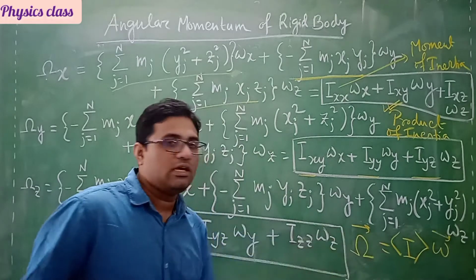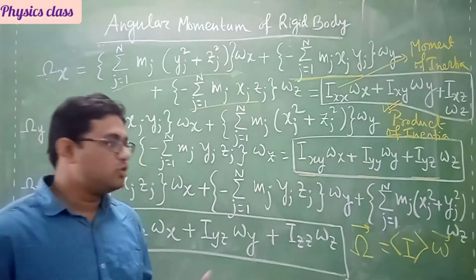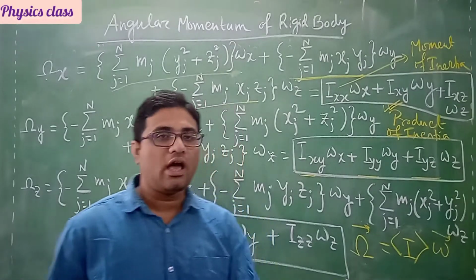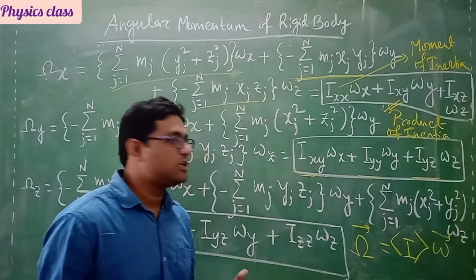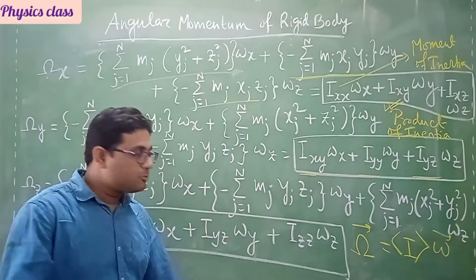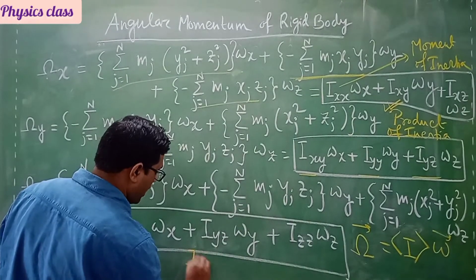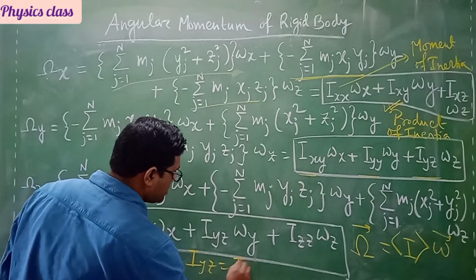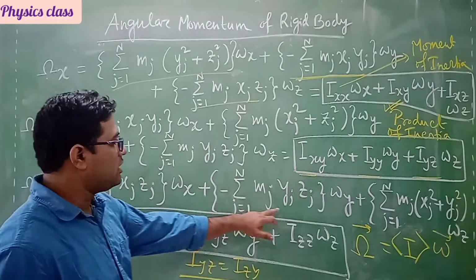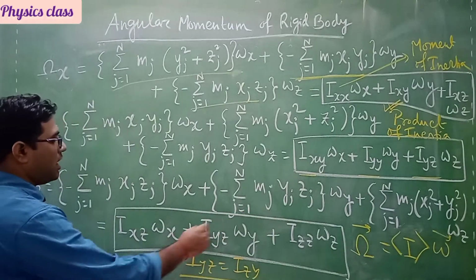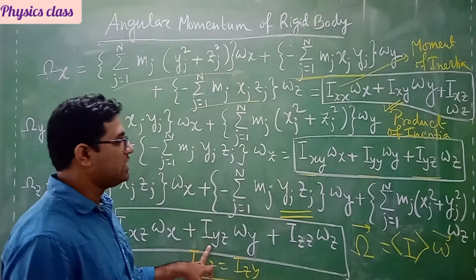So this I is actually called the moment of inertia tensor. Okay, so this now becomes a tensor, and I will write how the tensor looks. One thing you have to remember is that Iyz and Izy are the same. Basically, if we see this part here, yz is there, so that's why we are writing Iyz.